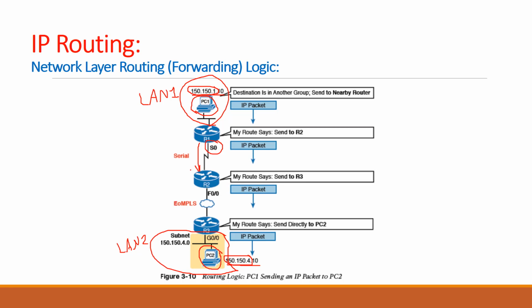After that it will remove the Ethernet header and trailer and re-encapsulate a new HDLC frame header and trailer before sending. But it determines this for each interface based on the IP routing table.